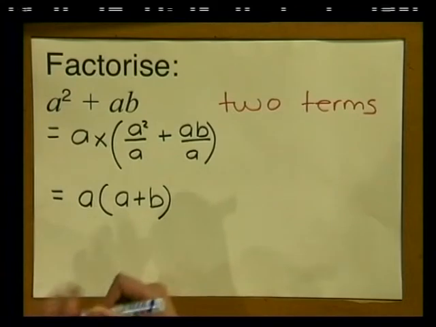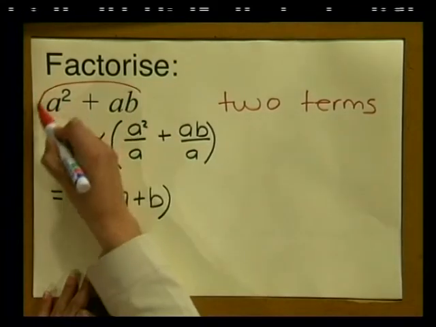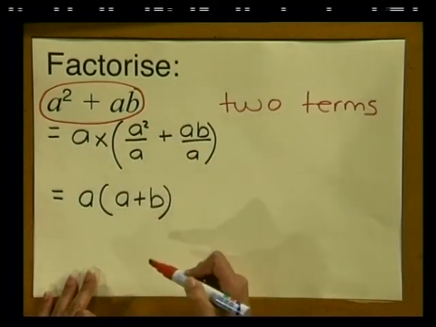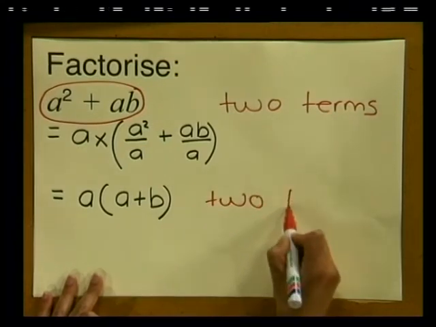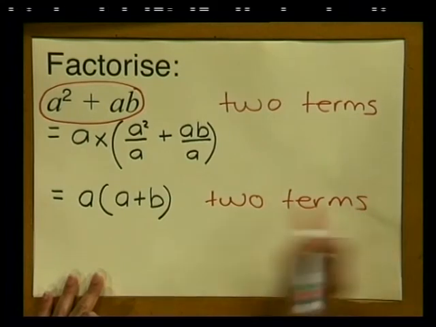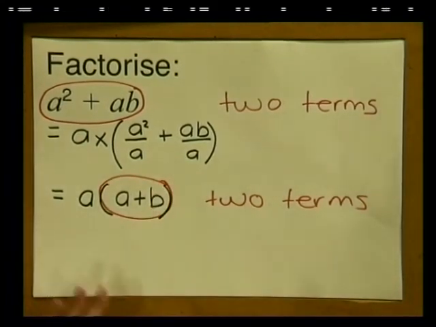This means that when you factorize a squared plus ab by taking out a common factor, there must be two terms in the bracket as well. Remember to always check your answers. You need to make sure that you have the same number of terms in your brackets as your original expression.